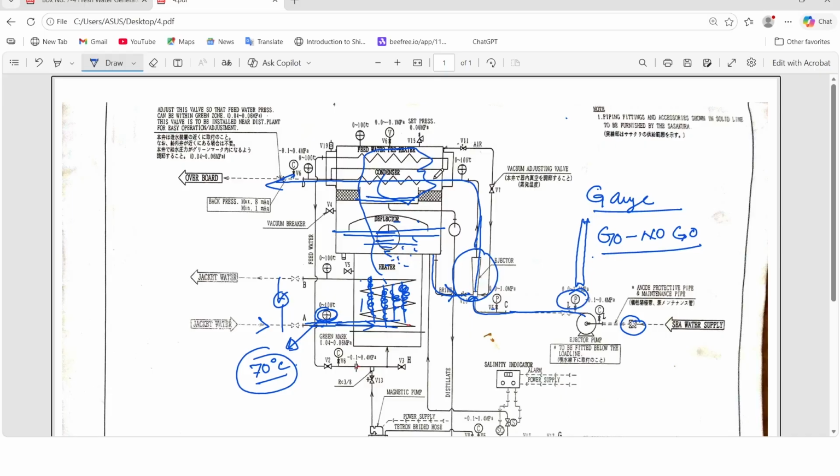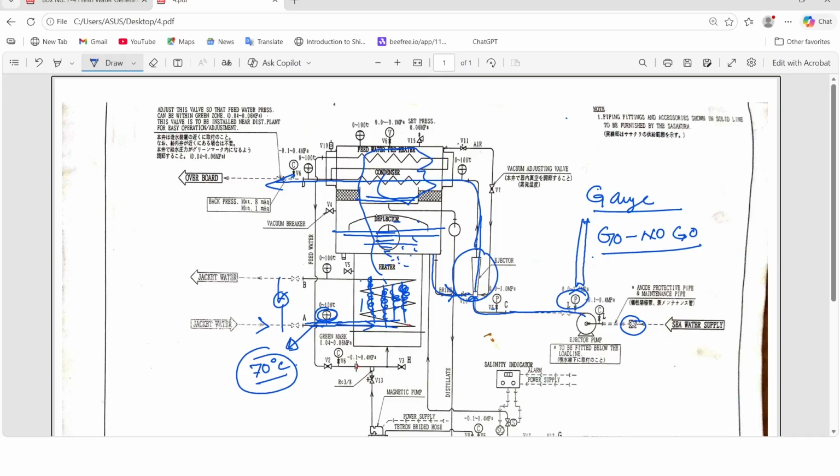Because in that case the boiling temperature will rise, so your effective heating will not take place here. So steam generation will not be there, and then cooling will not be there. That is the reason why as the vacuum drops, definitely your production will drop.